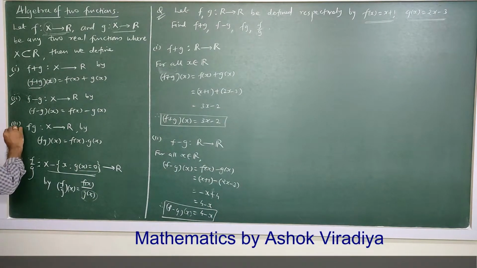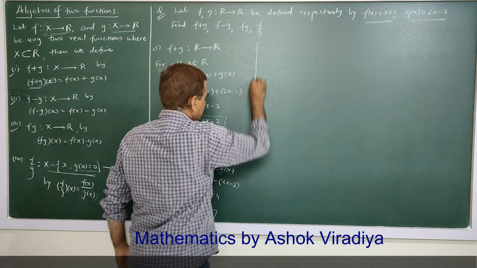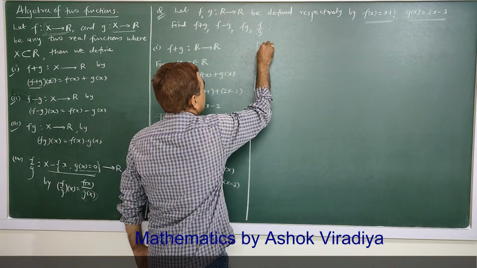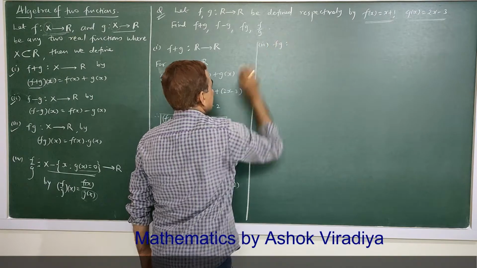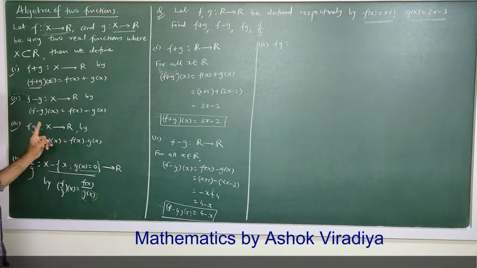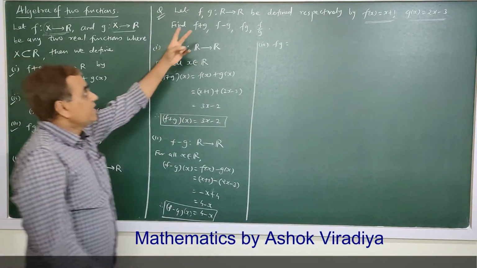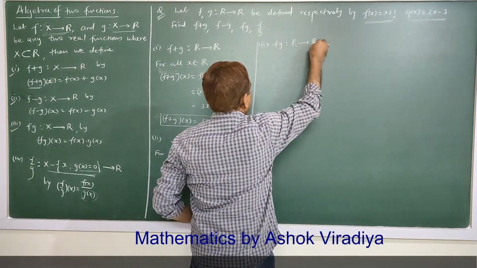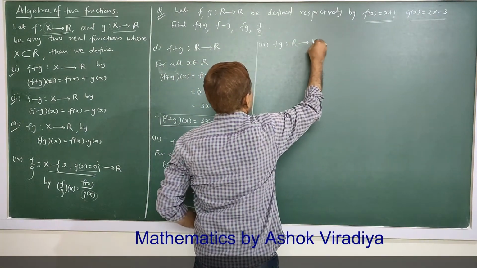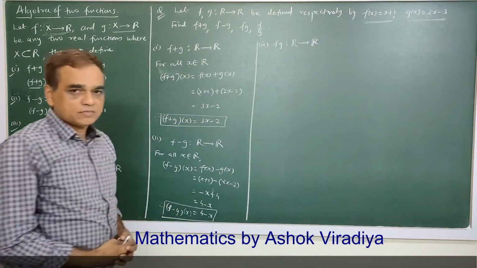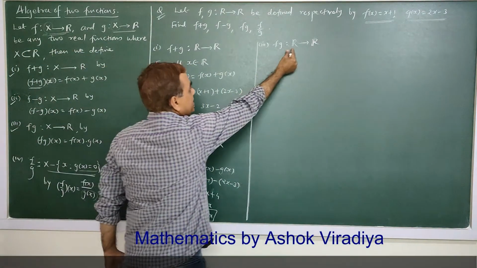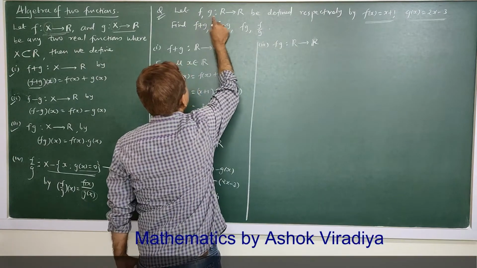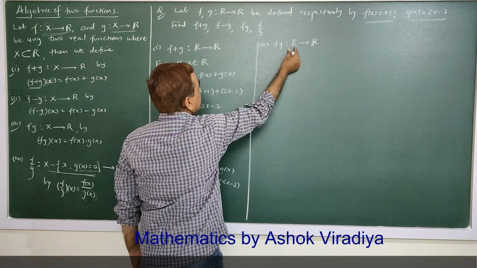Now, we find the product of two functions, f into g. Again, it is from R to R. Here the domain is R, because in f and g the domain is R, so we keep it the same.